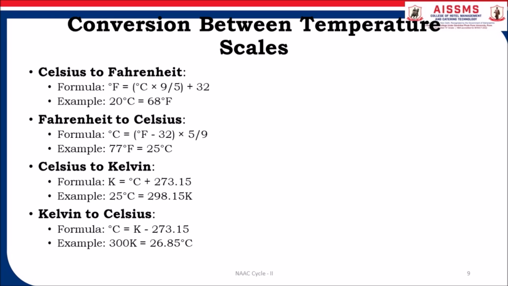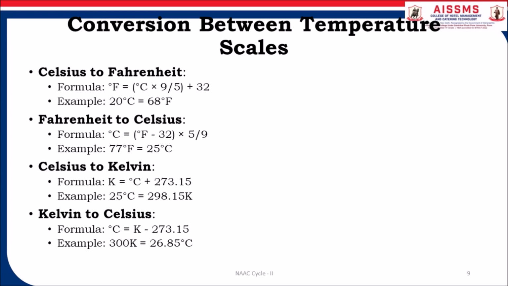We start with 20, multiply by 9 upon 5, that gives us 36, and then add 32, which gives us the total of 68. So in the context of converting Celsius to Fahrenheit, the fraction 9 upon 5 represents the ratio of the size of 1 degree of Fahrenheit scale to 1 degree on the Celsius scale.